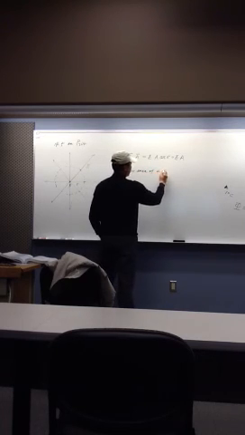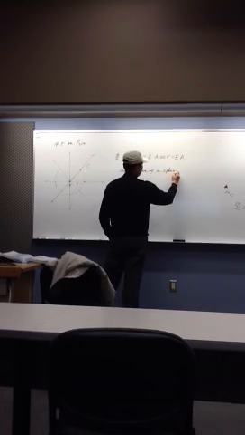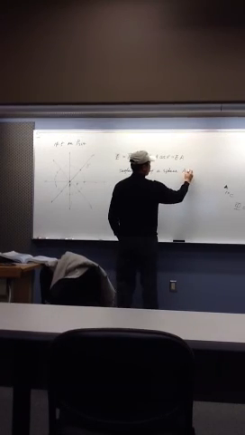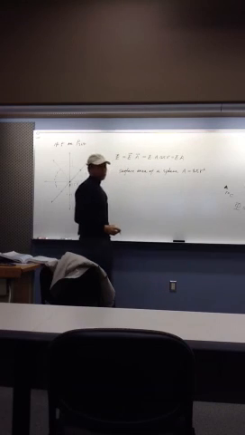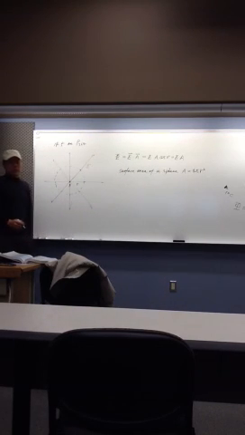Is it 4 times? Let's look in the back of the book. That's the formula. Oh, 4 pi r squared. If I give you a cylinder, can you calculate the surface area?